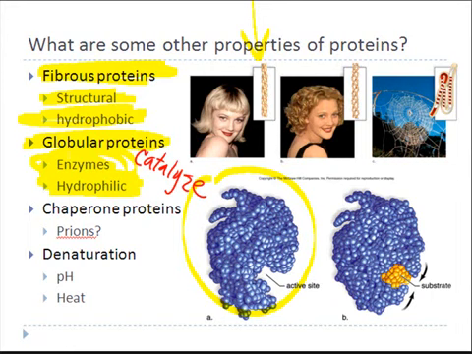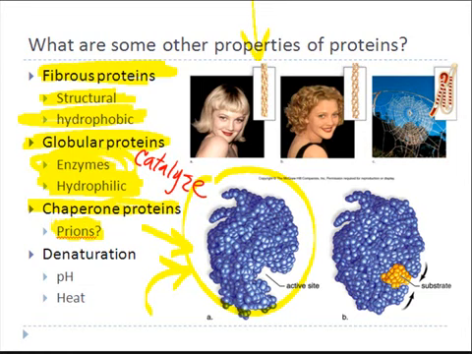Some types of globular proteins are a special group we call chaperone proteins, and these guys are critical in helping other new baby proteins fold into their final shape. And remember, again, we have to get the right final shape in order to perform a proper function. Prions, which if you've ever heard of them, are a type of chaperone protein.